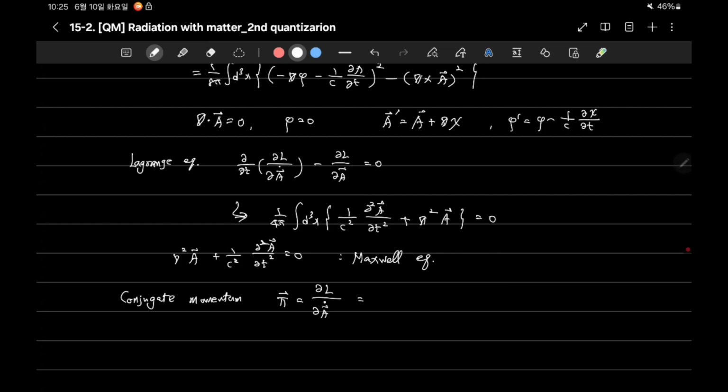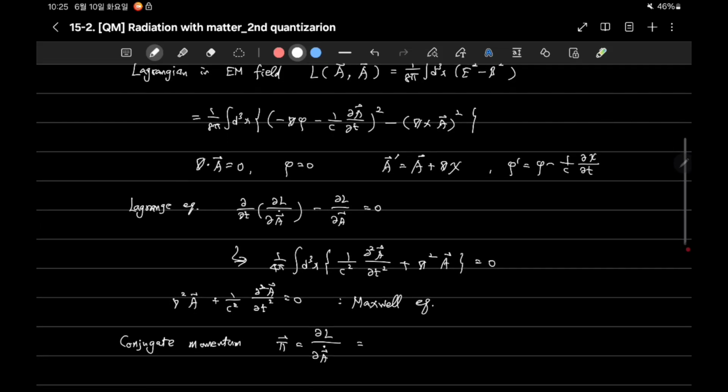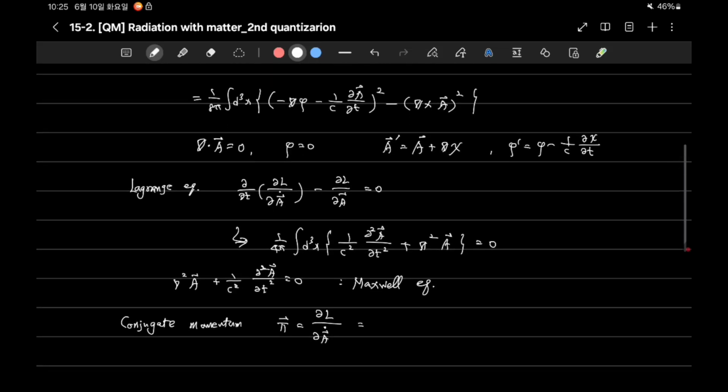From the Lagrangian above, it is 1 over 4 pi c and volume integration of 1 over c partial A partial t plus gradient phi.